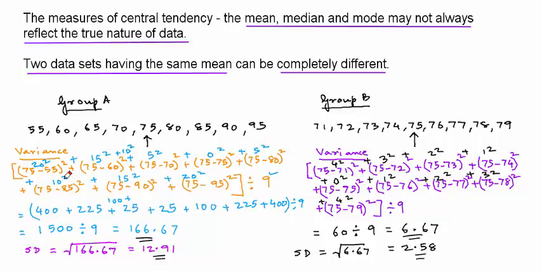One final food for thought. Any idea why we square these up and then take the square root in the end? Well, if we didn't square these up, then we would have a positive 20 on this side and a negative 20 on this side. Similarly, we would have a positive 15 on this side and a negative 15 on this side.